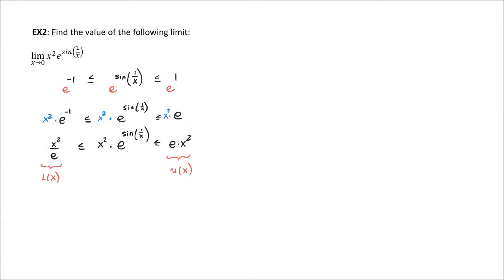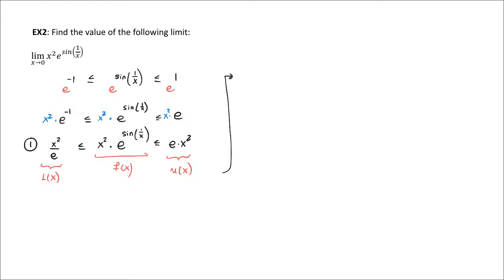So what I notice is that I have found an upper bound and a lower bound for my function f of x. F of x, remember this is f of x. F of x now is between L of x and U of x. And this was condition number 1 of the squeeze theorem.